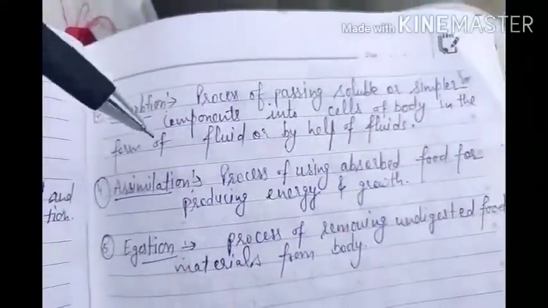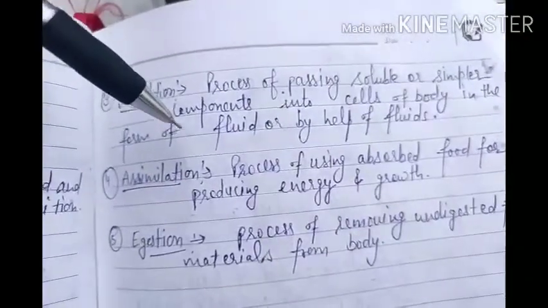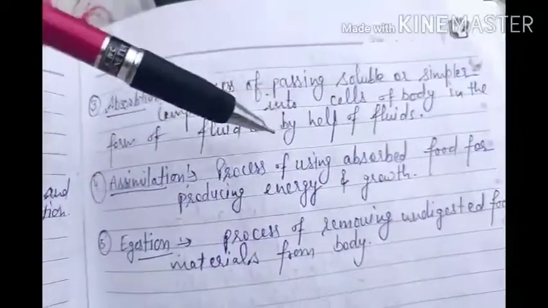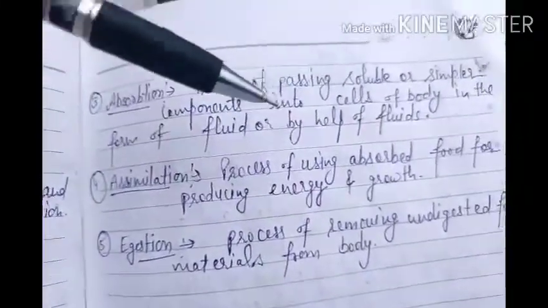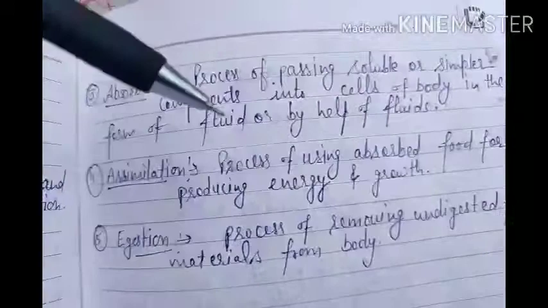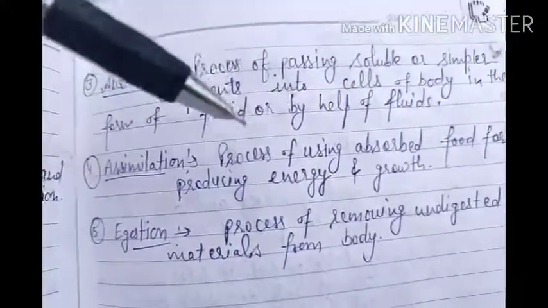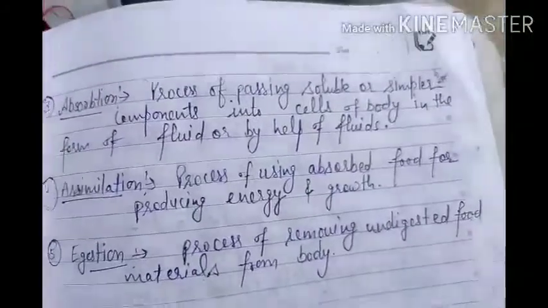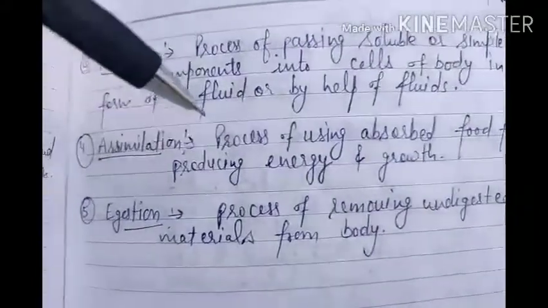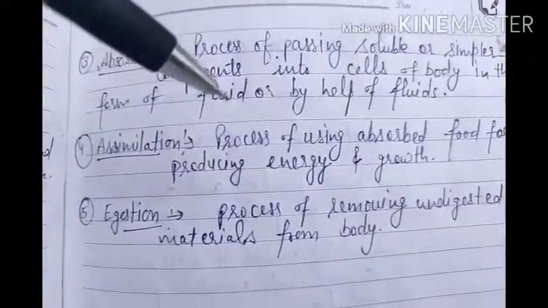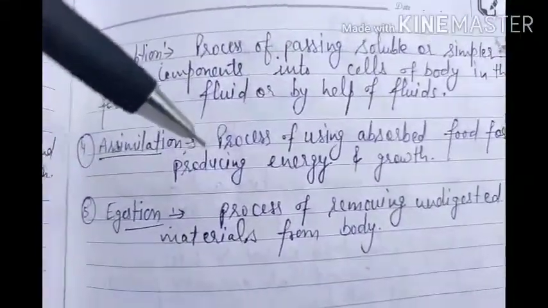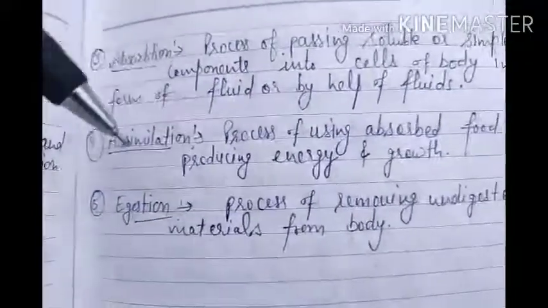The components enter our cells because the cells will grow, then the body will grow, and then we can get energy. These simpler components enter the small intestine, are taken up by blood, and reach every cell of the body. That's why we get energy.